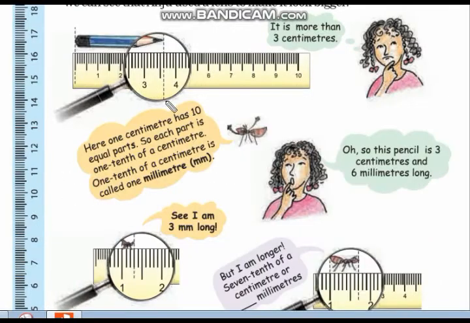So we can count here millimeter after 3 centimeter. Here 1, 2, 3, 4, 5 and this 6. So 6 mm. So this pencil is 3 centimeter and 6 millimeters long.